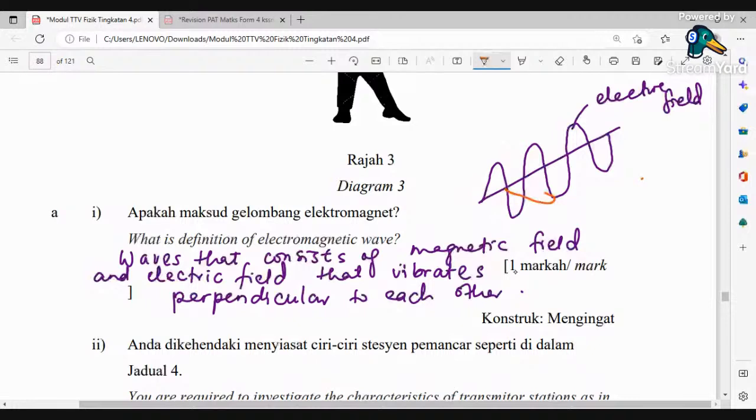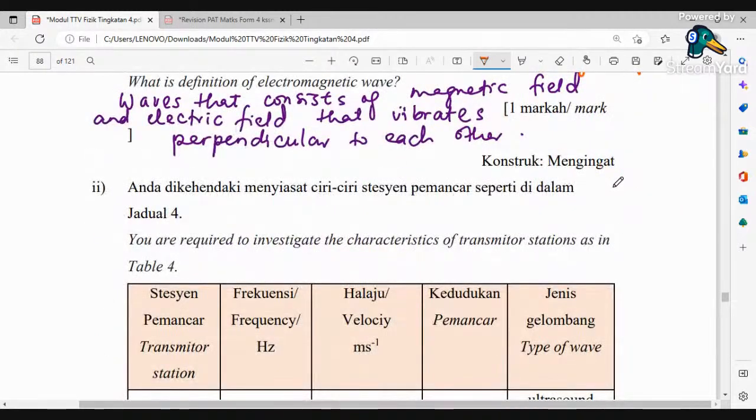So the horizontal part is magnetic field. So when wave travel, this electric field and magnetic field vibrate perpendicular to each other. One vertical, one horizontal, something like that. Okay, so this one is electromagnetic waves.